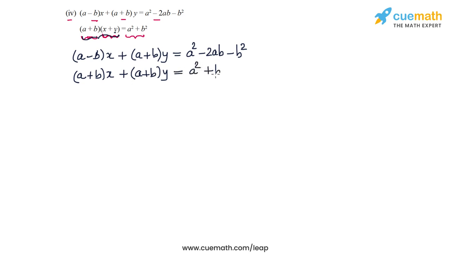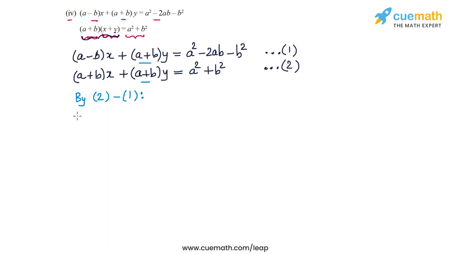Now, because the coefficients of y are the same in both equations, we can see that it'll be quite easy to solve this pair of equations using elimination. Let's call these equations 1 and 2, and we'll simply subtract these two equations because that will eliminate the terms in y. So let me do 2 minus 1.